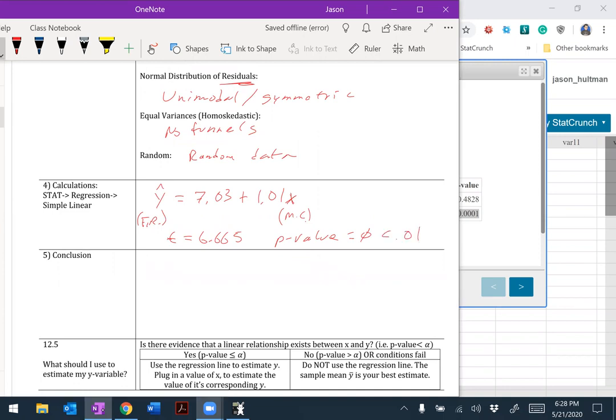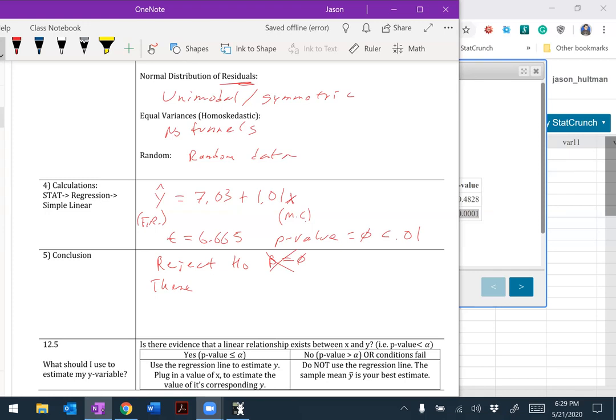So what's my conclusion? The conclusion is that we reject H0, which was what? It was that the slope is equal to 0. So we reject that. The slope was not equal to 0. The correlation between the two was not 0. Think of beta as the correlation, not necessarily the slope. But there is a slope, and we can reject that because it's less than our significance level.